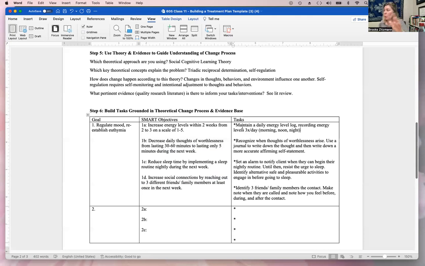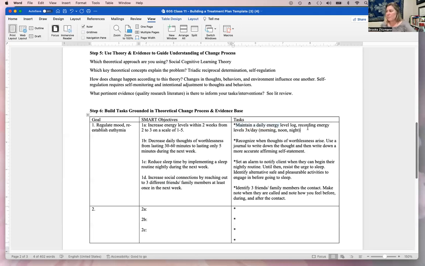Okay, so again, going across here, we might have them as a task. We want them to start maintaining a daily energy level log by recording their energy level on a scale of 1 to 5 in the morning, noon, and night.